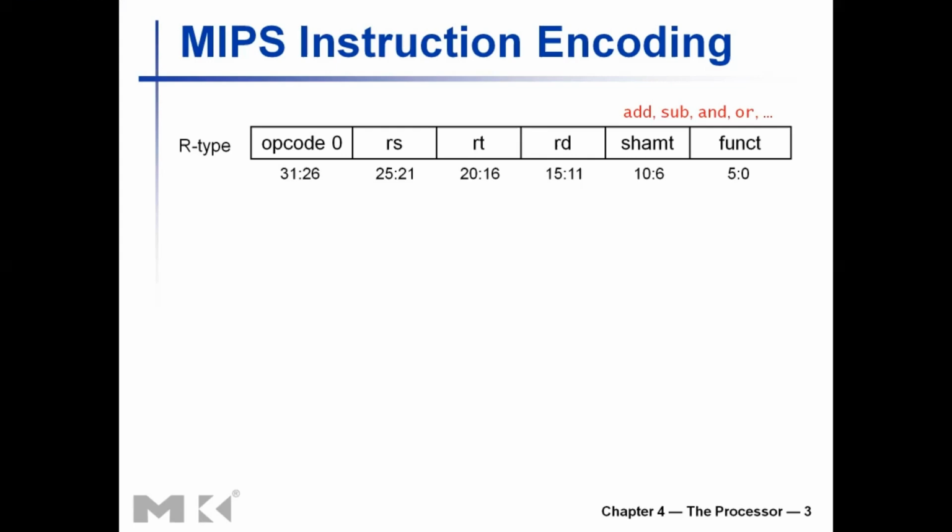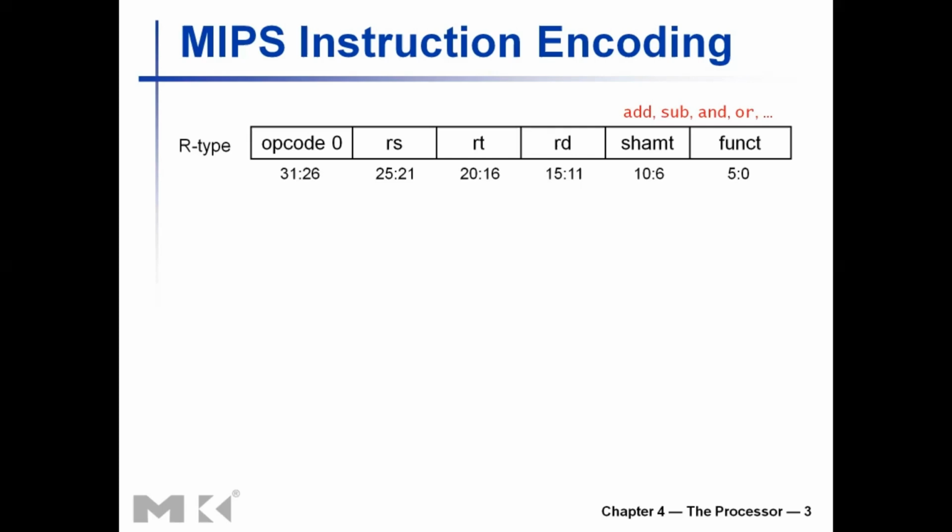So in this instruction format, you can see each register number, RS, RT, and RD, has 5 bits allocated, right? So a register number has 5 bits. So the most significant 6 bits are the opcode. The next 5 bits each, the next 15 bits, are register numbers.